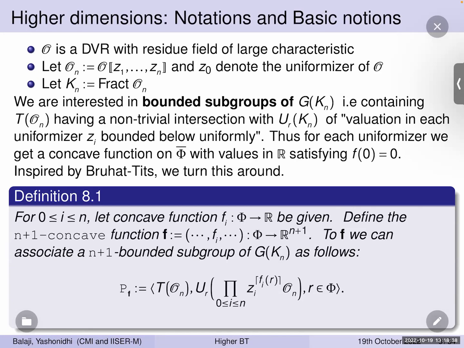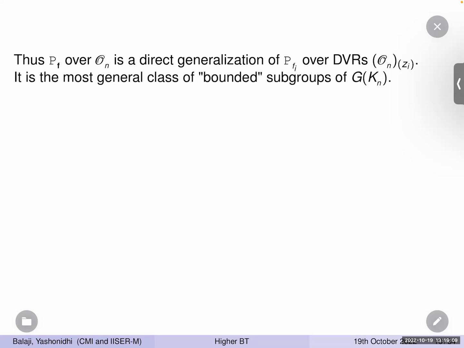So here I have introduced bounded subgroups of G(K_n), and the notation is P subscript boldface f. Thus, P_f over O_n is a direct generalization of P_(f_i) over the DVRs, which are the localization of O_n at the prime ideals generated by z_i. It is the most general class of bounded subgroups of G(K_n).